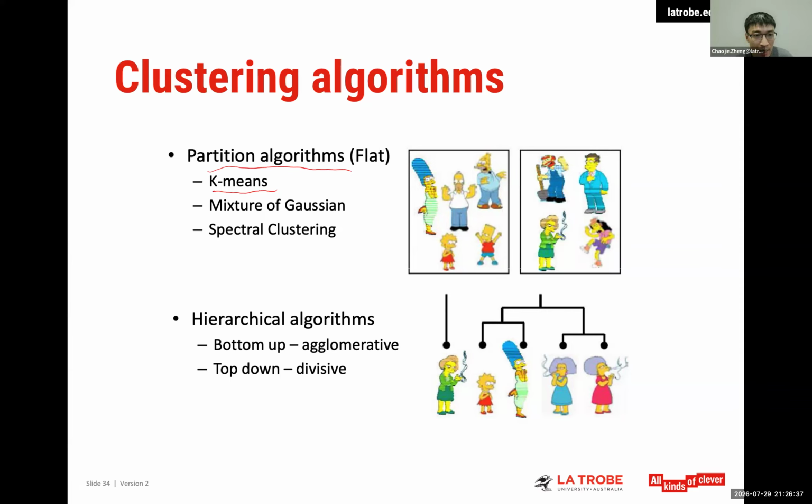We also have hierarchical algorithms. That means we can first divide the entire data set into, say, two clusters. Then for each subset, we can do further clustering. Let's say for this data set, we can do further clustering on this subset, running k-means with k equals 4 to get four subsets as the result.